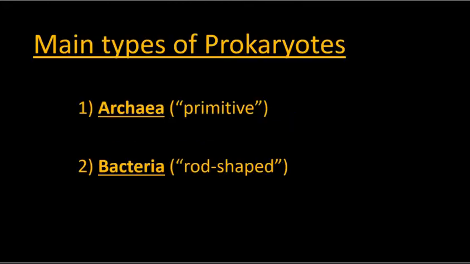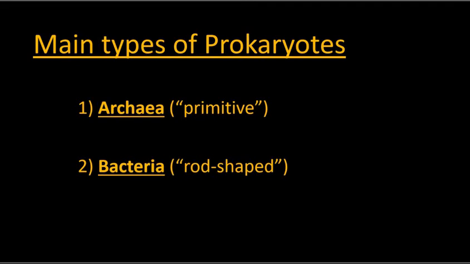And if you remember the two types of prokaryotes, archaea was the one that was the extreme. They live in the extreme environments. The more common that we're going to talk about today is the bacteria, which is named because of its shape. The bac part means rod, like a straight stick.